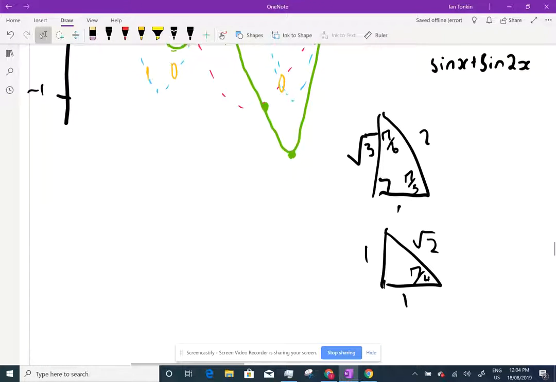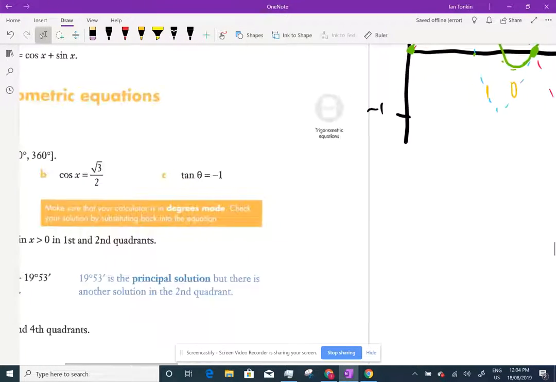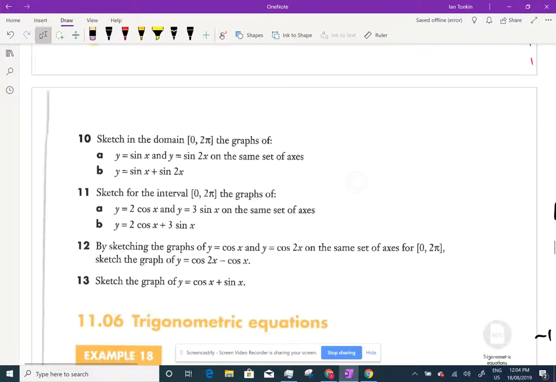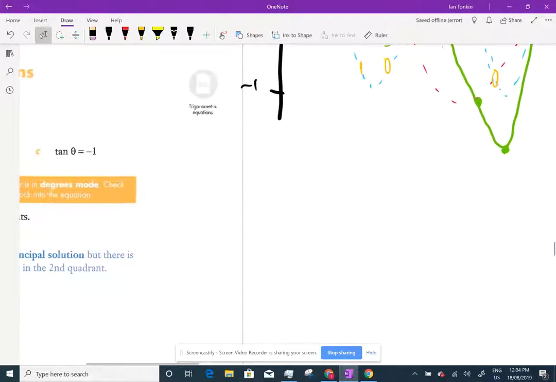So what I'm going to do now is I'm going to do number 10. You should go and have a crack at doing 11 and 12. And I'm going to do 13. So you come back and when you've had a go at 13, which is y equals sine x, y equals cos x.